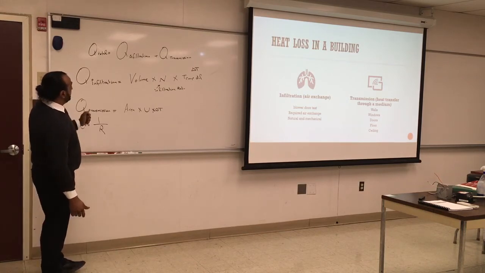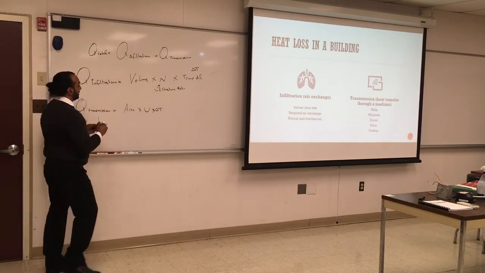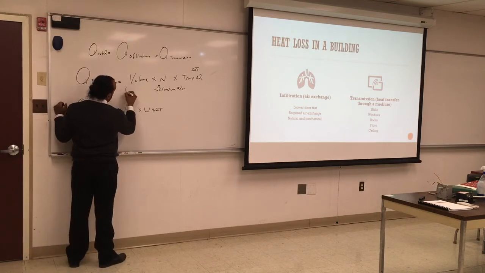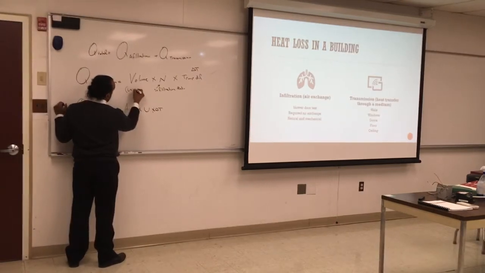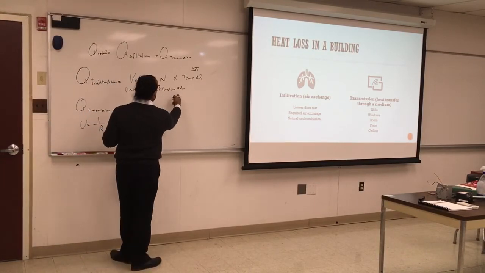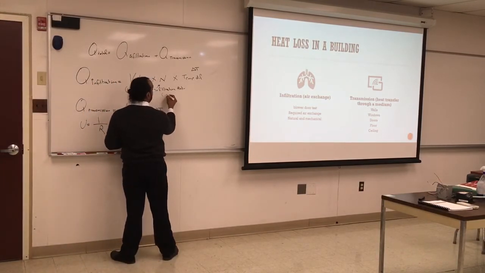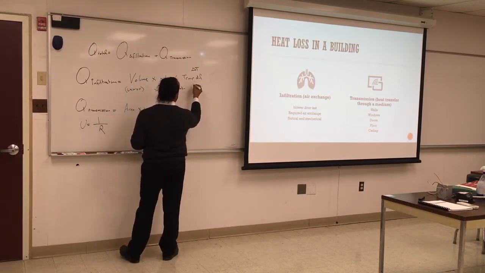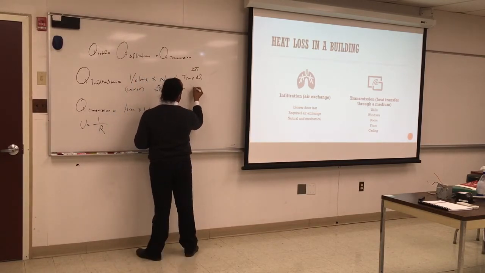What else? Anything here doesn't make sense? Volume is length times width times height. Infiltration rate. Where do you get that? Book or internet.